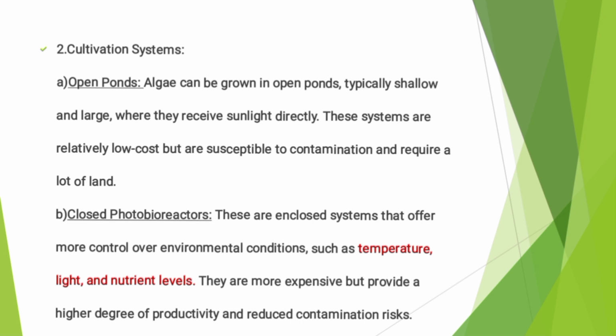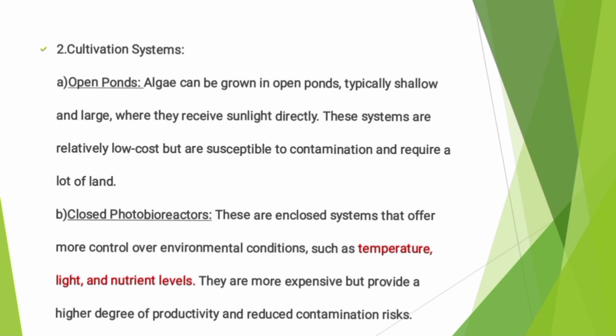Second one is cultivation system. The two most common methods of microalgae cultivation are open cultivation systems such as open ponds and tanks, and controlled closed cultivation systems. An open cultivation system: algae can be grown in open ponds, typically shallow and large, where they receive sunlight directly.